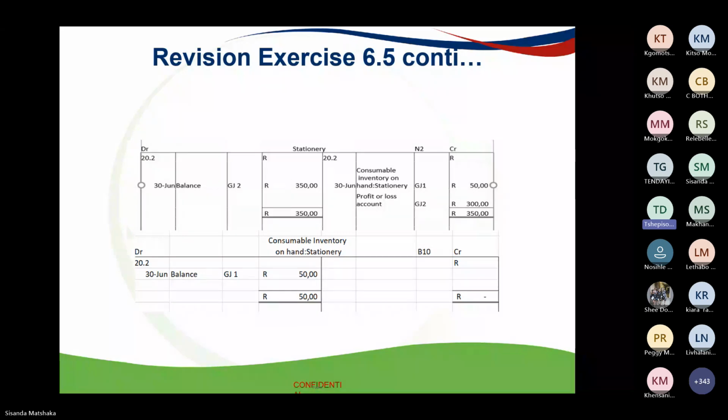So if you refer to the information that you received, you had stationery to the value of about 350, which when you open the account, is this balance brought down. So you have the 350 there, and that is what you have been provided with. Go to the next slide for me, please.